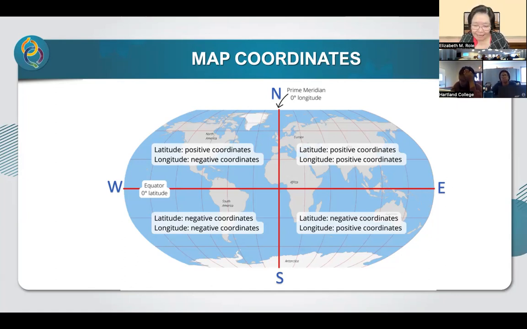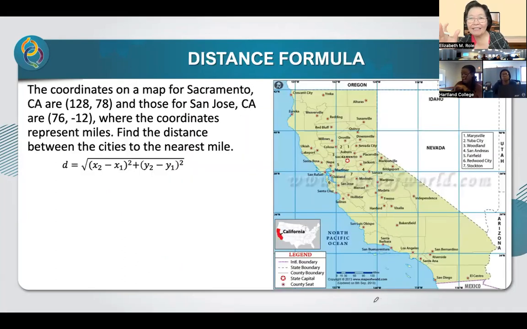So as I was saying, they use this to find distances between locations. It's not really a plane because it is a sphere, but that's the way they do it.